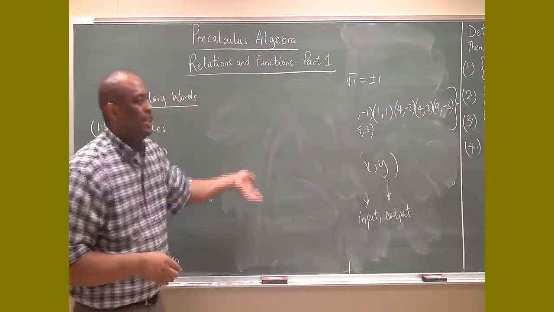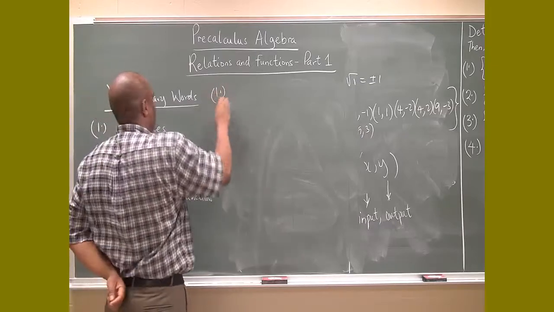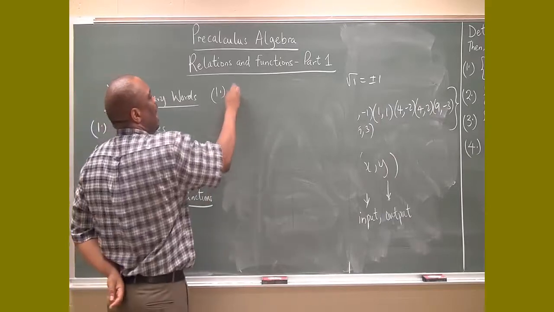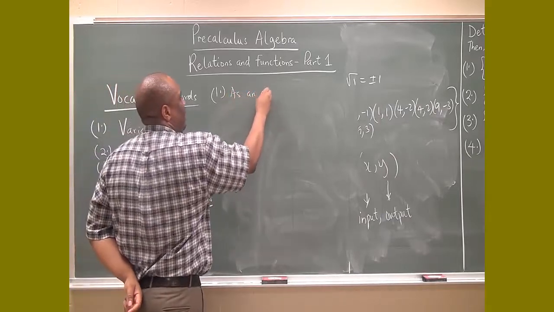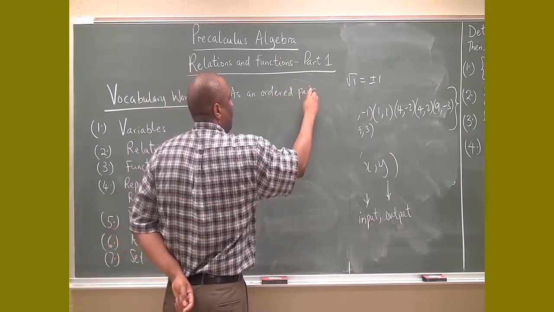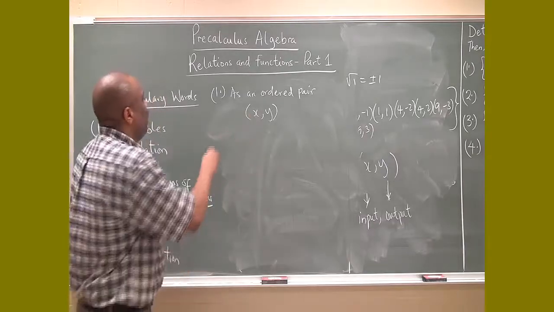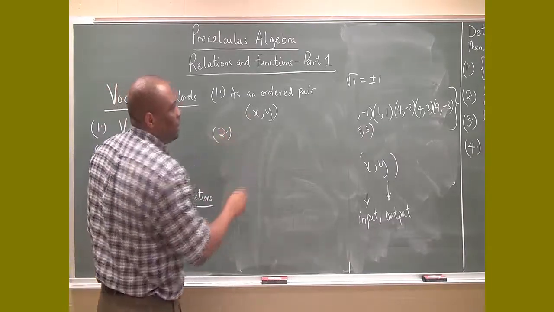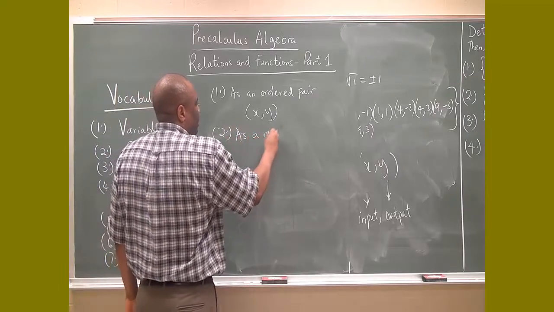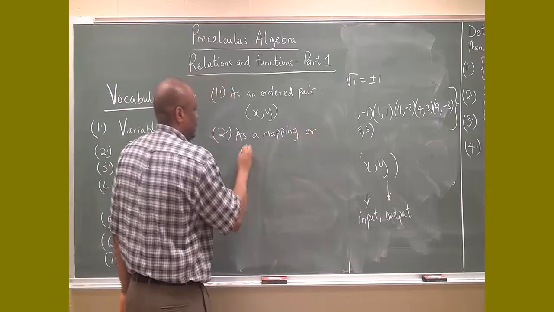So, as we have mentioned, you can represent relations and functions as another pair, x and y, which means input, output. You can represent relation and function as a mapping, or correspondence.